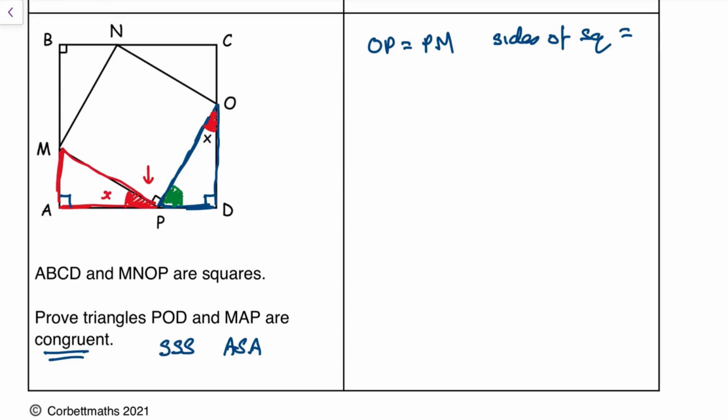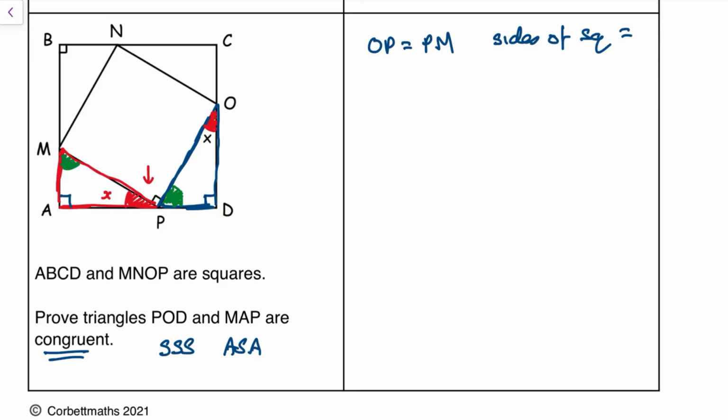Obviously I'll be writing that down by saying angles on a straight line equal 180, angles inside a triangle equal 180, etc. But that would be what I'm trying to argue. And that must then mean that this angle up here is going to be 90 minus x, because angles in a triangle total 180.